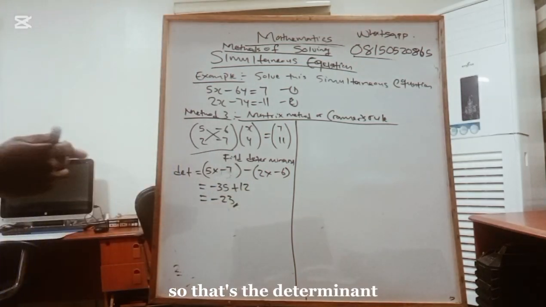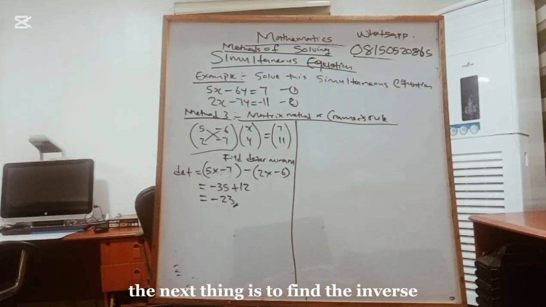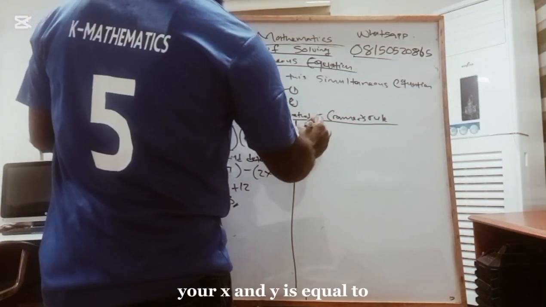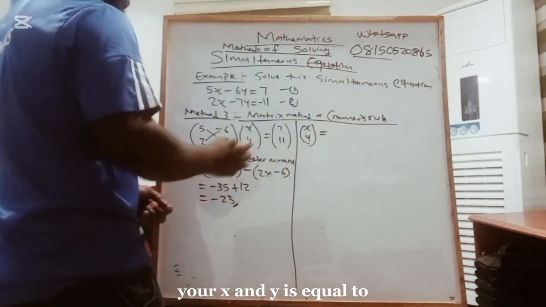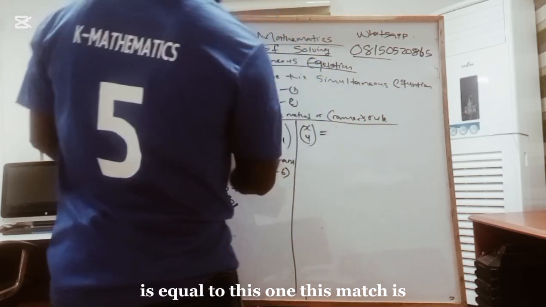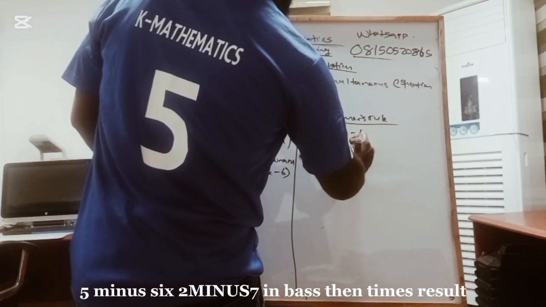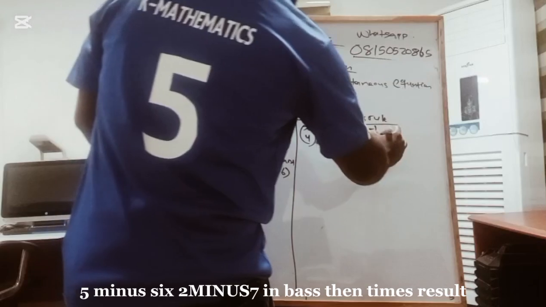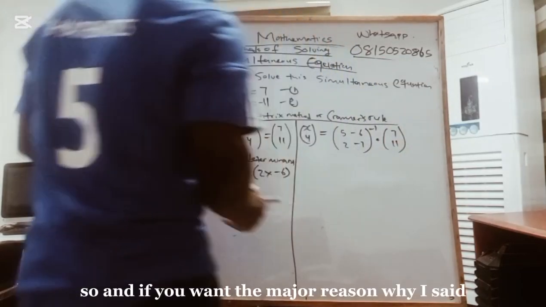So that's the determinant. Once you've gotten the determinant, the next thing is to find the inverse, because Cramer's rule is saying that your answer, your x and y, is equal to this matrix, 5 minus 6, 2 minus 7, inverse, then times the result.